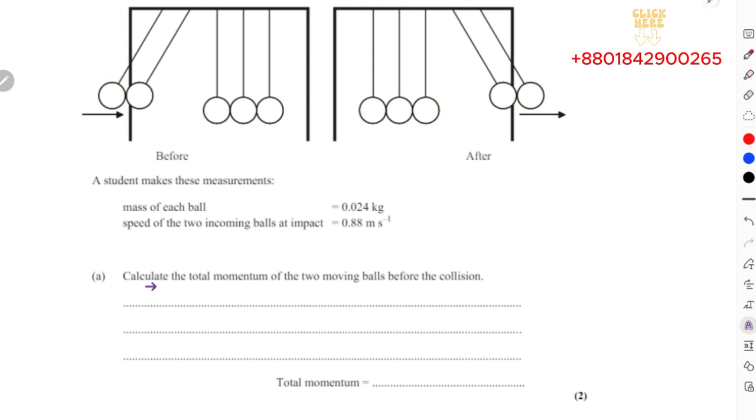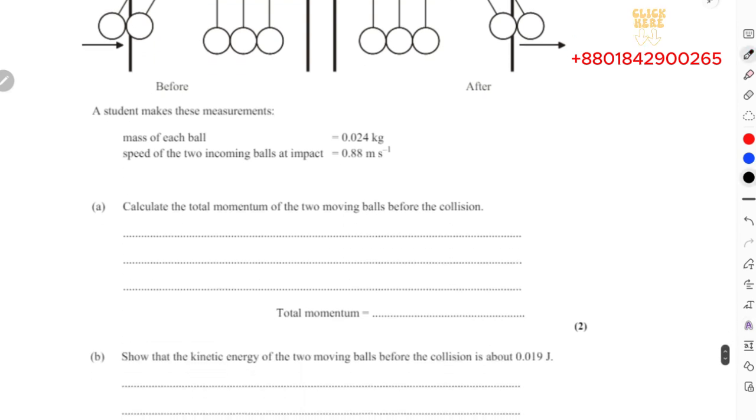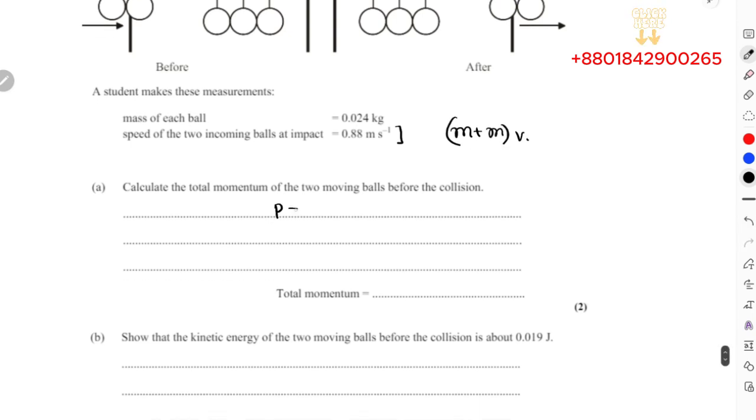So in that case, calculate the total momentum of the 2 moving balls before the collision. Okay, I can clearly calculate that. 2 moving balls means that they have the combined velocity, but their masses are separate. So momentum here is going to be mass plus mass times the combined velocity.